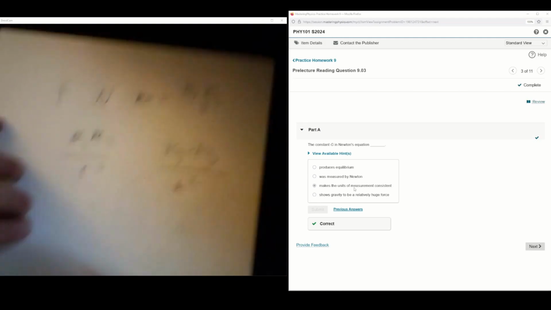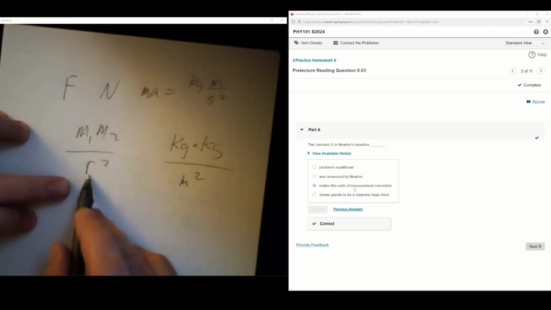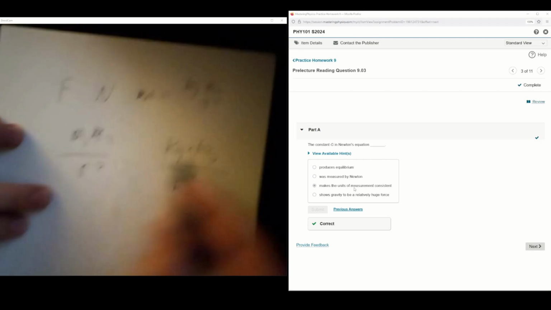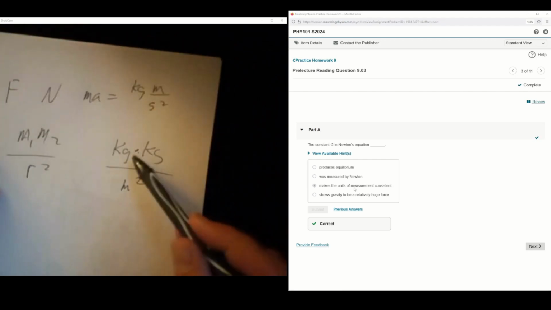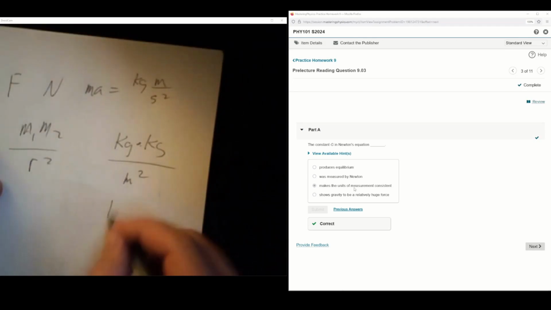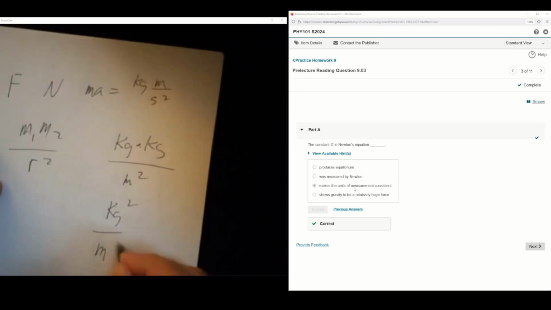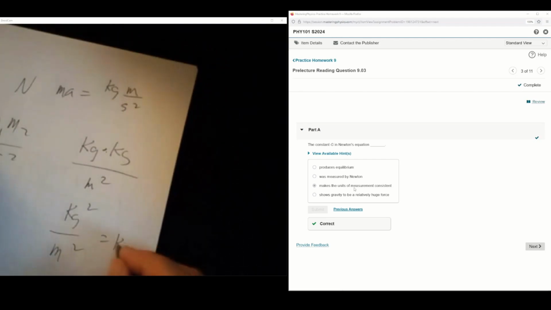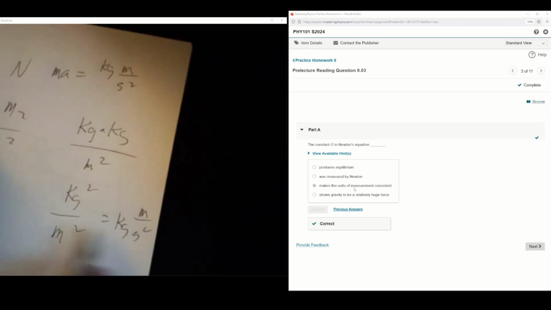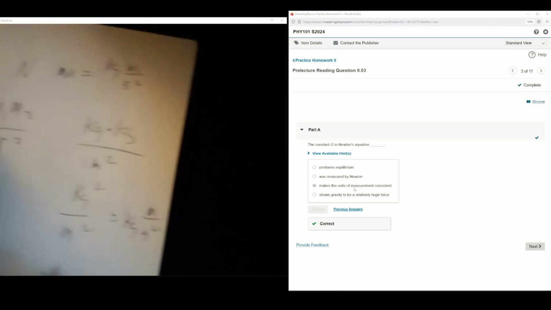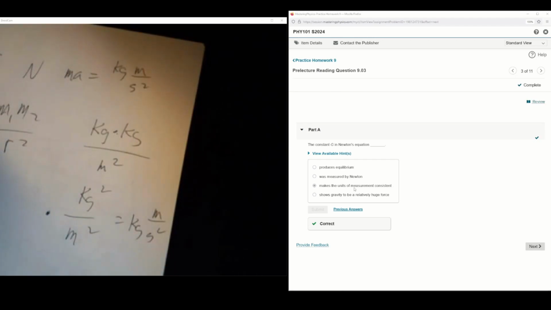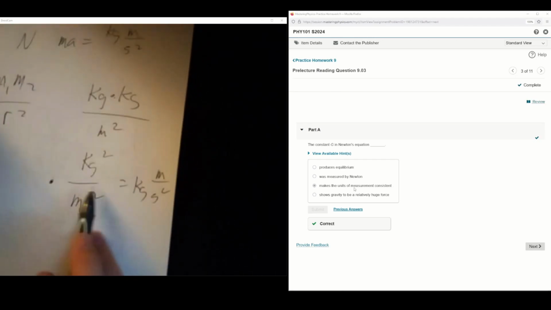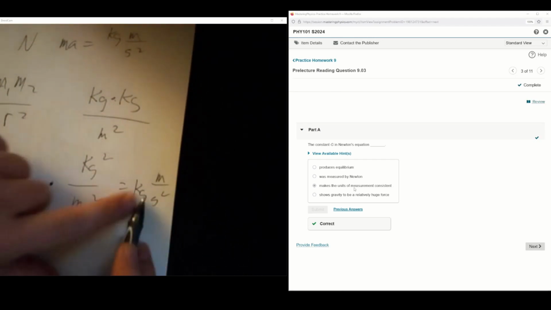So if we have m1, m2 over r squared, and this has to have units of newtons, well, it doesn't. It has units of kilograms squared over meters squared. But we want this to equal kilograms meters per second squared. And so in order to get these to equal, we have to multiply by something to do that. This is kilograms squared, but this is only kilograms.